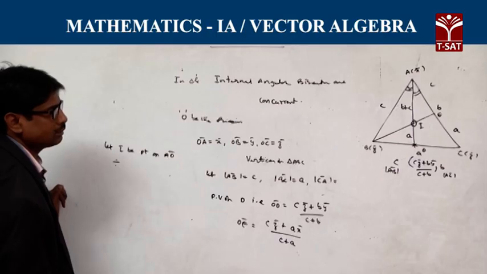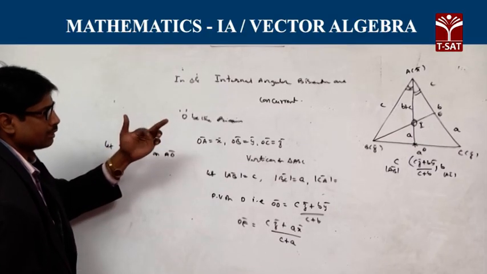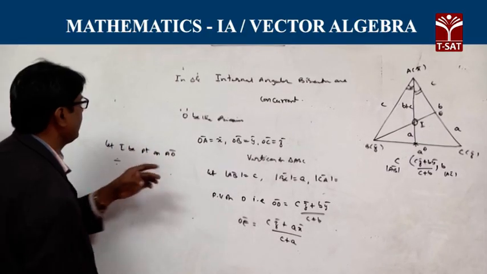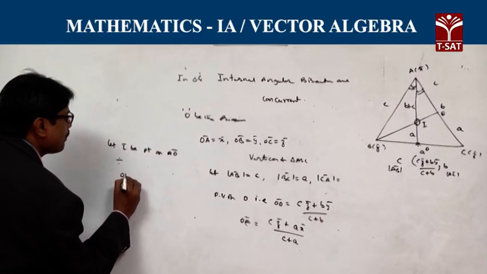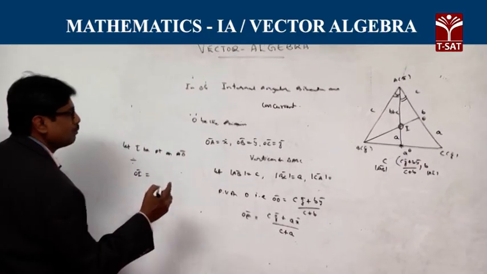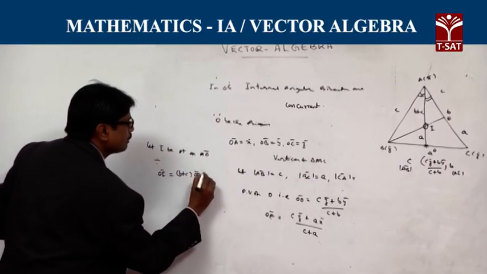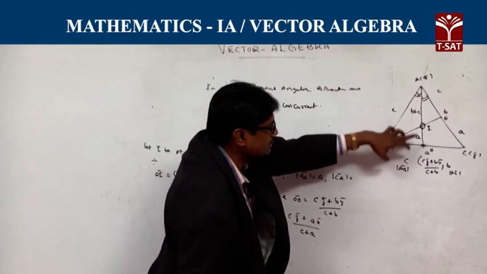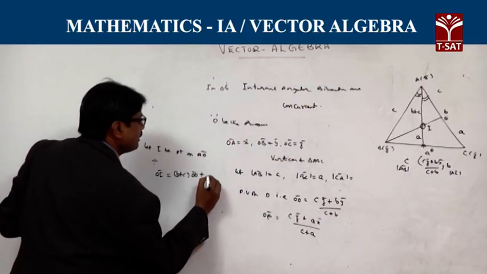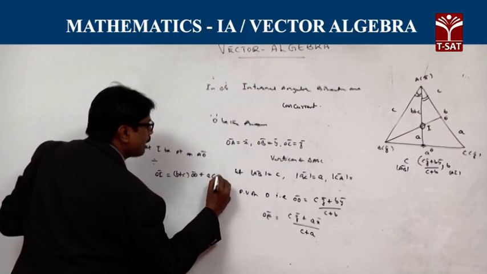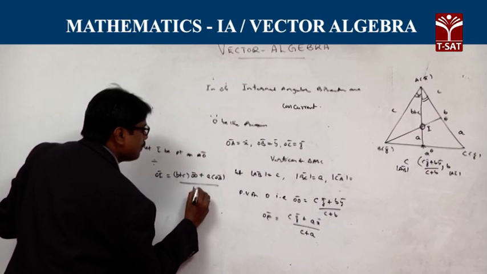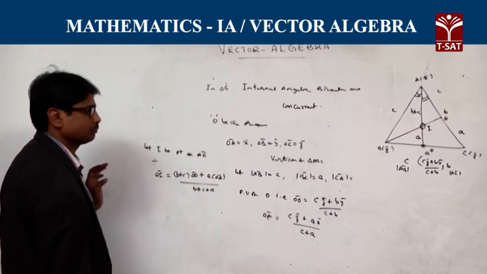I divides AD bar in the ratio of b plus c to a. So OI bar will be equal to b plus c times OD bar plus a times OA bar, divided by b plus c plus a.